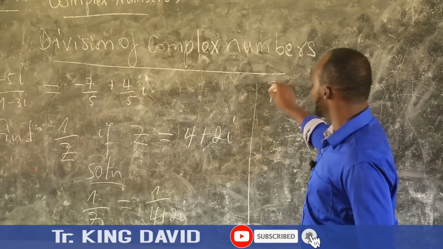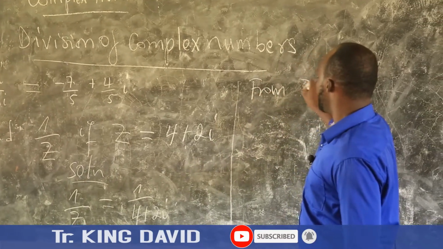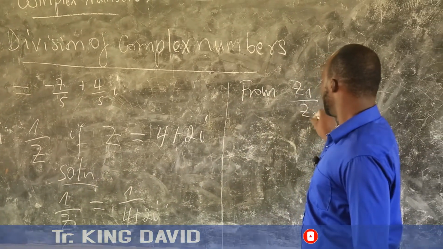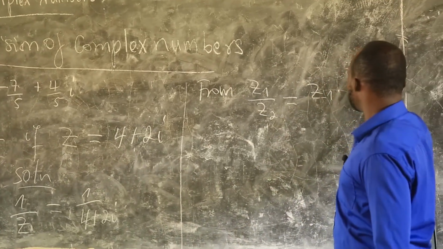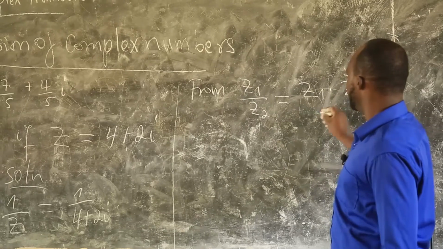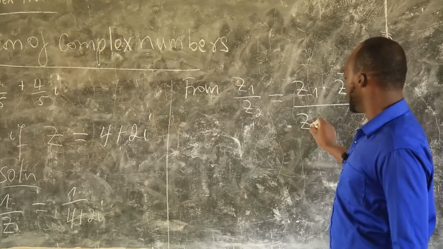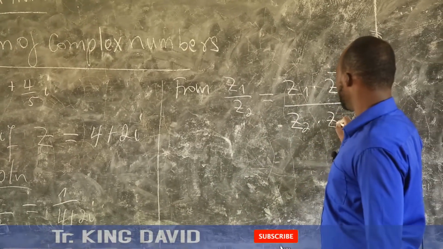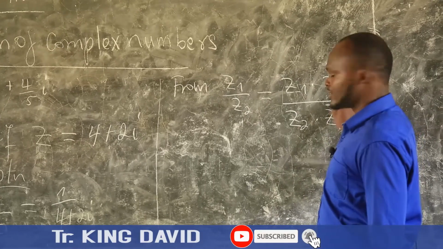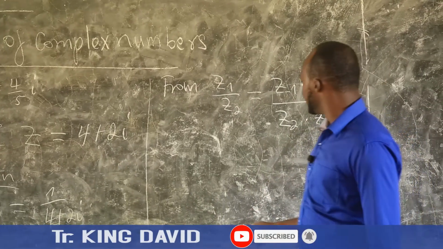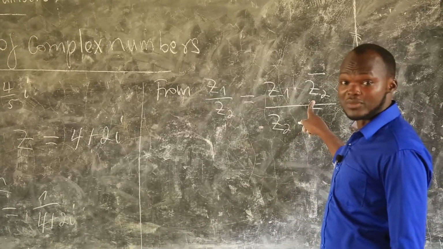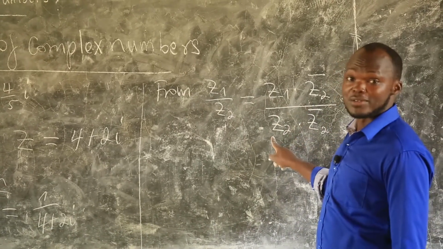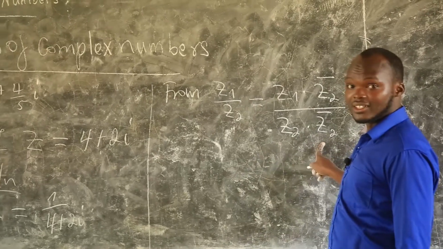You know that z1 over z2 is equal to z1 times the conjugate of z2, divided by z2 times the conjugate of z2. We just take the numerator times the conjugate of the denominator, divided by the denominator times its conjugate.